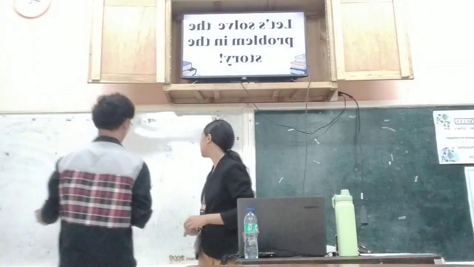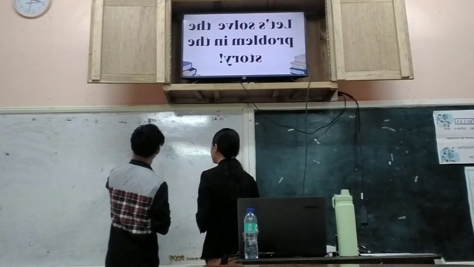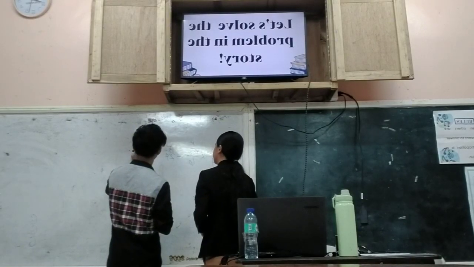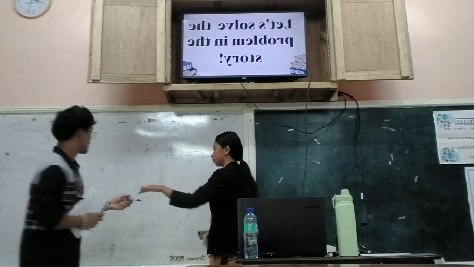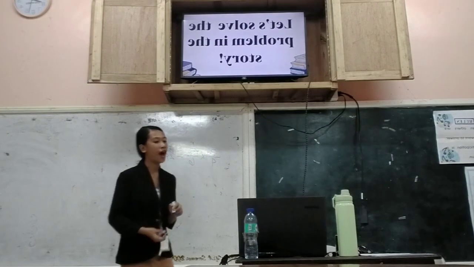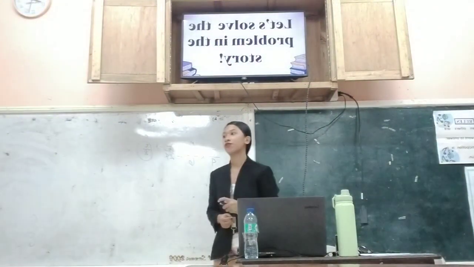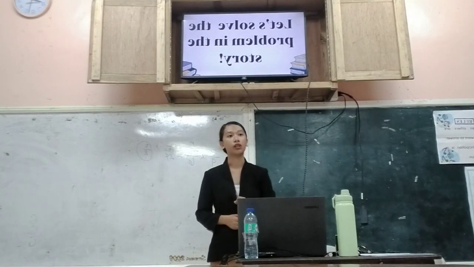You simplify it by dividing it by 3. It's 5 over 8. Okay, very good. The answer is 5 over 8. So her mother puts 5 over 8 in all.